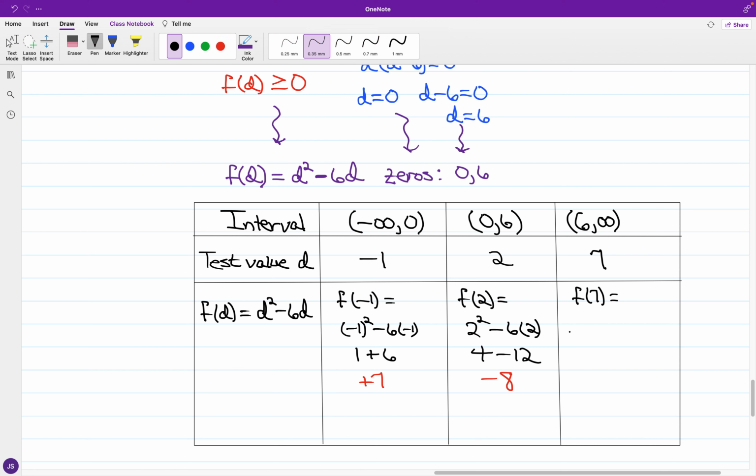And for f of 7, with 7 as the input, I'm looking at 7 squared minus 6 times 7. 7 squared is 49. -6 times 7 is -42. And 49 minus 42 also comes out to +7.